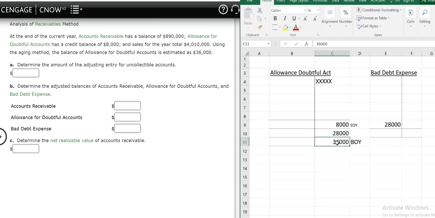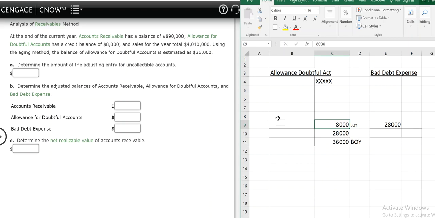So now your ending balance, again, the 28 plus 8 will give you 36,000. So the amount of bad debt expense only needs to be 28,000 because the account has an $8,000 balance from before.